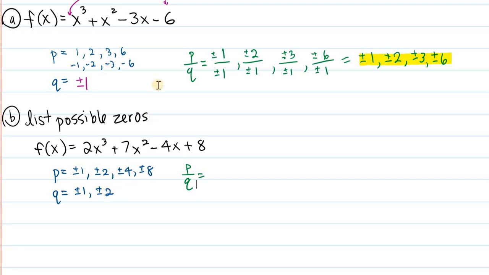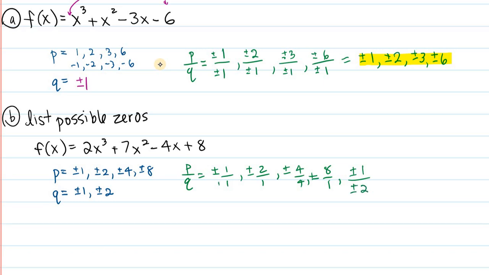But what you'll find out is many of those end up being the same values. So we're going to have plus or minus 1 divided by 1, plus or minus 2 divided by 1, plus or minus 4 divided by 1, plus or minus 8 divided by 1, but also plus or minus 1 divided by plus or minus 2.